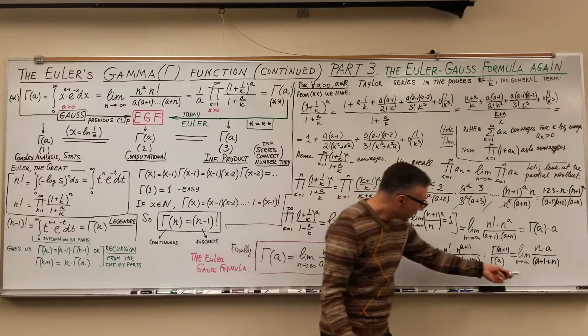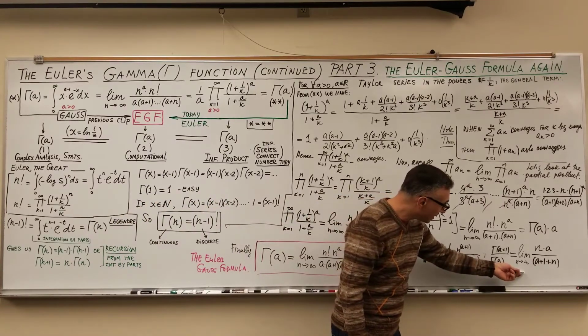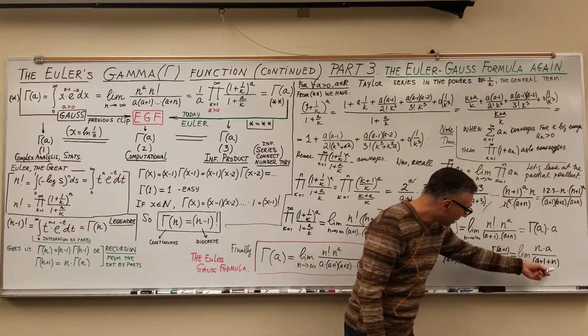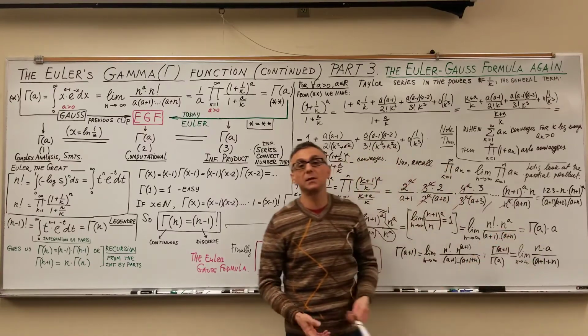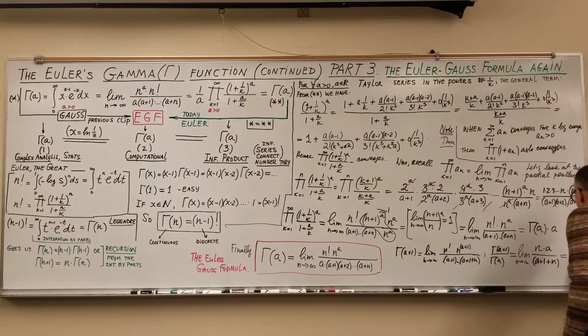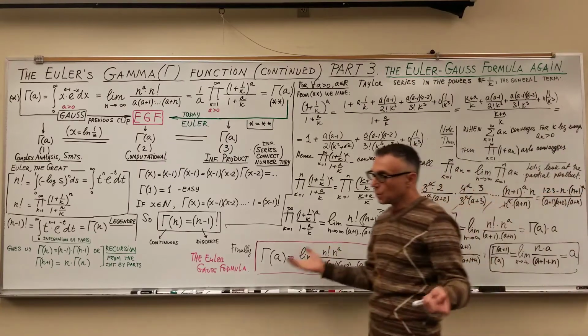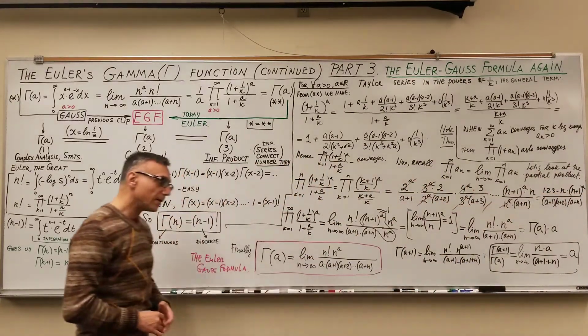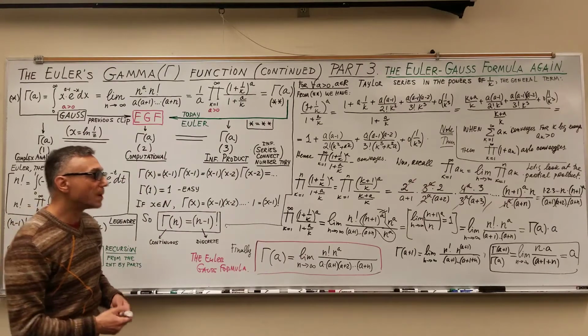And what is that? The limit when n goes to infinity of n a over n plus a plus 1 is a constant. Obviously, it goes to a. And this is the evidence. It shows us again that the gamma function has the recursive property.